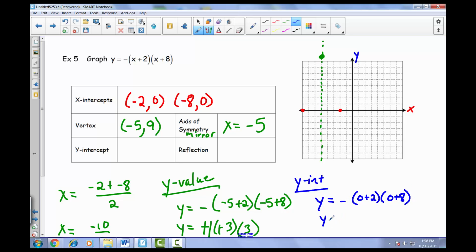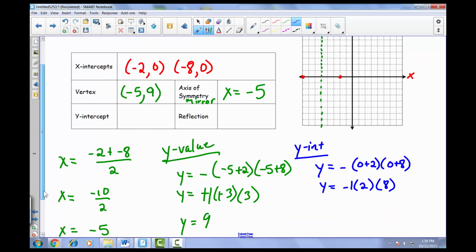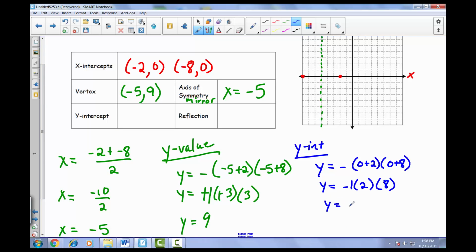So y is equal to -0 plus 2 comes out to be 2. 0 plus 8 comes out to be 8. When we multiply these three items, we end up with y equal to -16. So for our y-intercept, it's 0, -16.